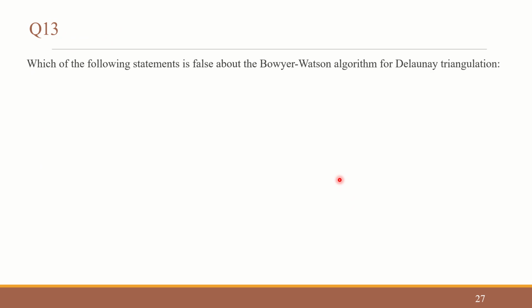So now we will go to question 13. In question 13, what is given? Which of the following statements is false about the Bowyer-Watson algorithm for Delaunay triangulation? We'll look at the options first. First, all the boundary grid nodes are inserted first.